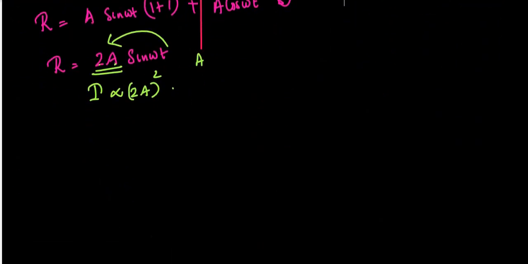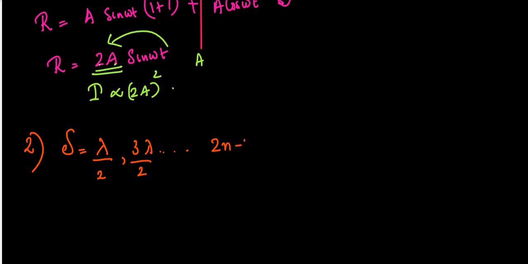Now the second case. When delta equals lambda by 2, 3 lambda by 2, etc., that is (2n minus 1) lambda by 2. I am taking 2n minus 1, but even if it is plus 1, that is fine.